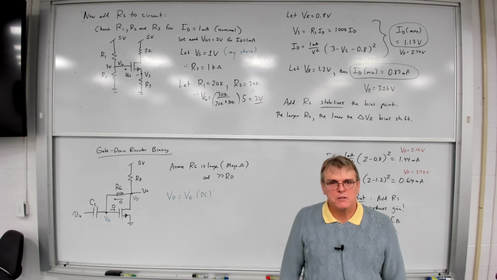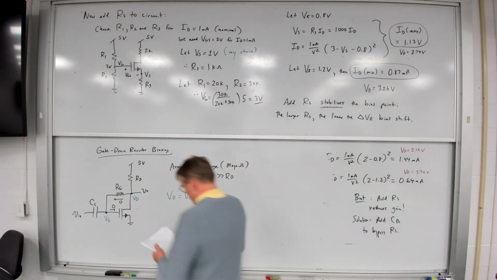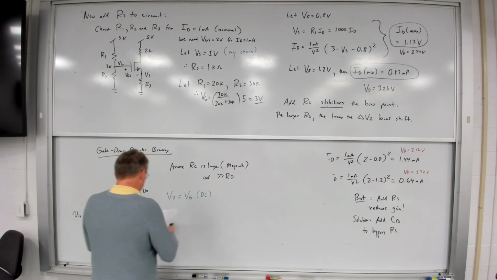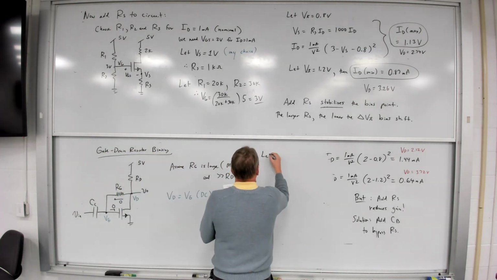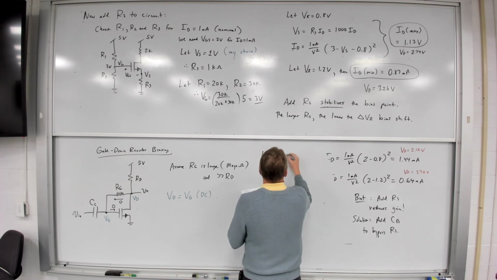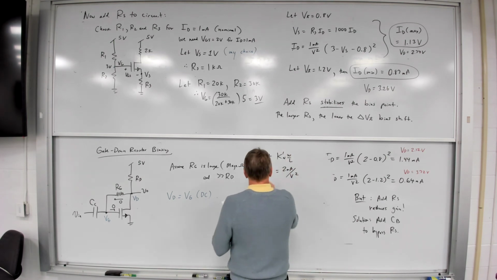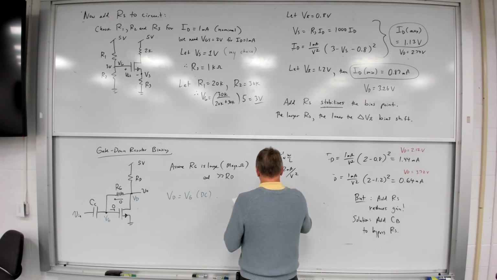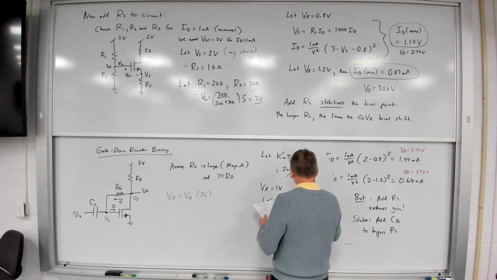And so you can take this circuit and we can now throw some values in. I'm going to do an example. Let's let K'n W over L be equal to 2 milliamps per volt squared. Let's let VT equal 1 volt. And let's let RG be big, equal to 1 megaohm.